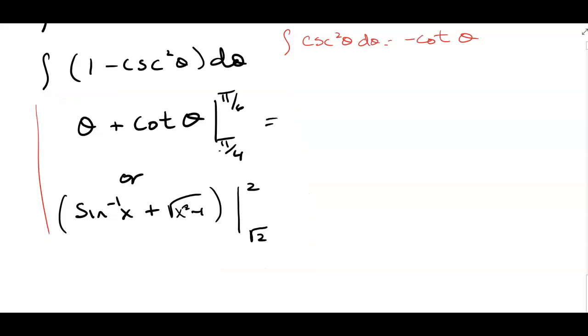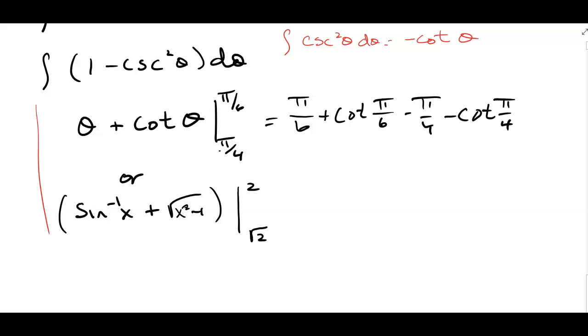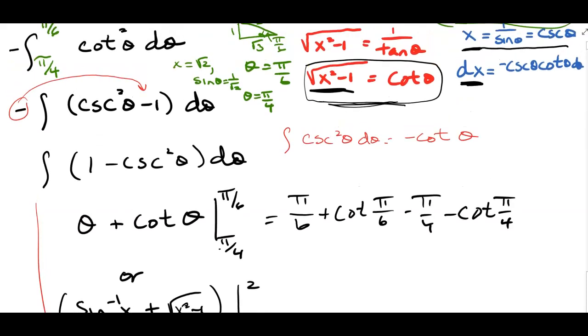If I integrate the top, I get what? Pi over 6, cotan of pi over 6 minus, and then I would distribute the minus through. I always draw these little triangles.